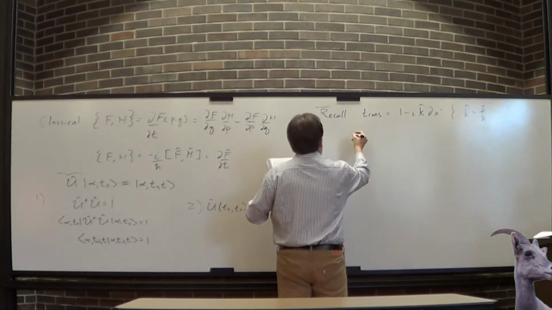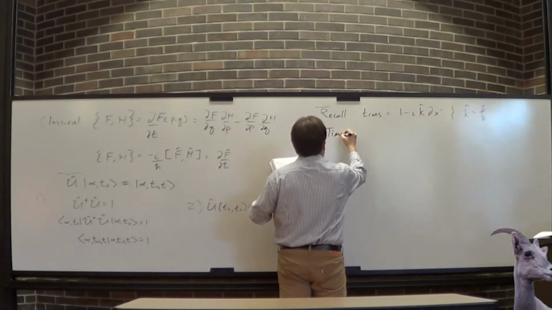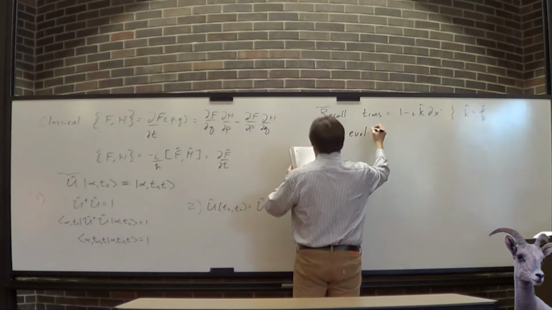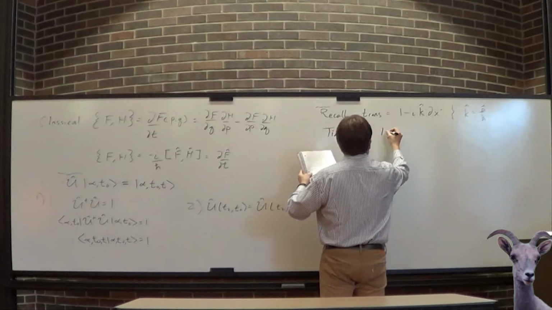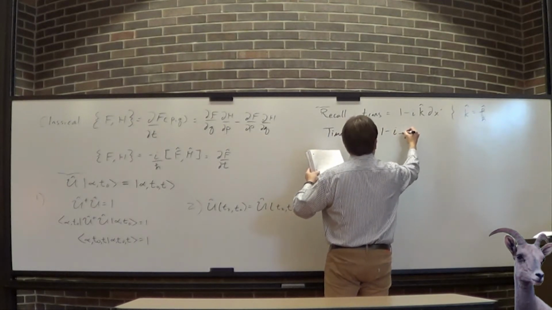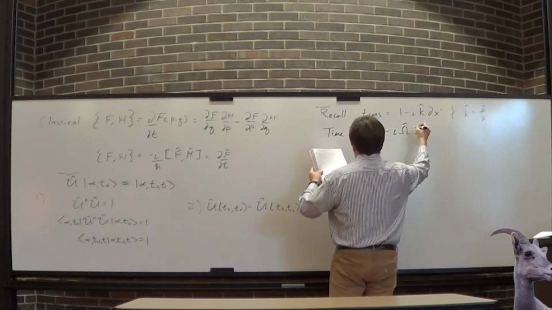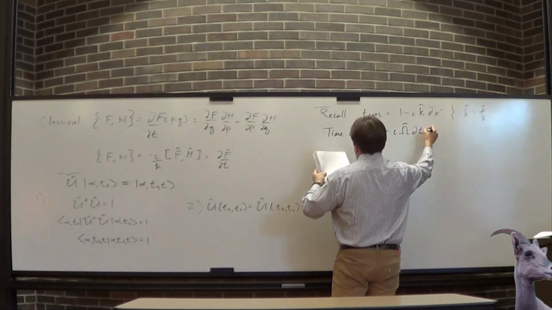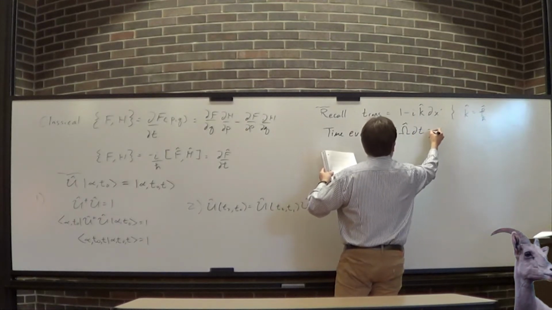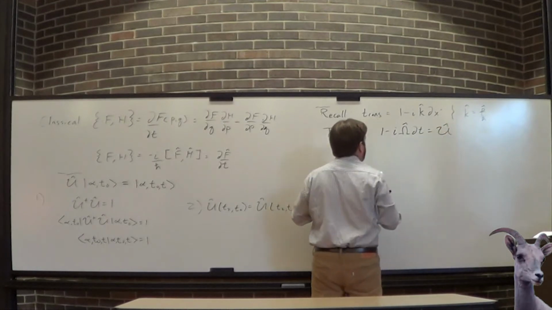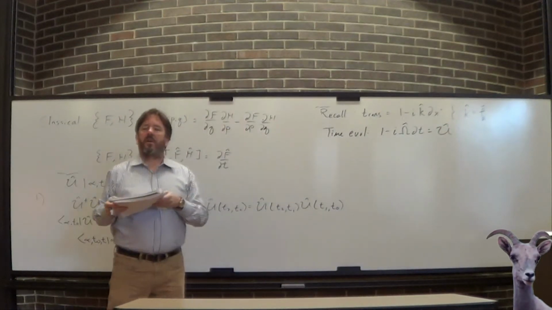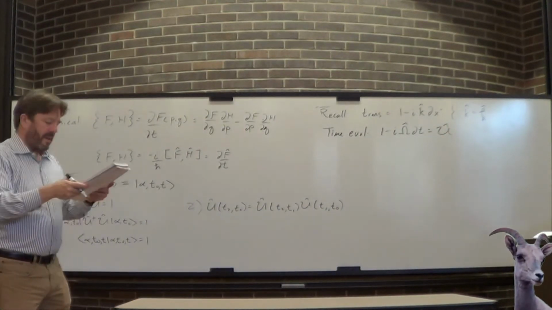Now for time evolution, guess what? I'm going to say that the operator is 1 minus i, some operator, and it will evolve things over a very short dt period of time.